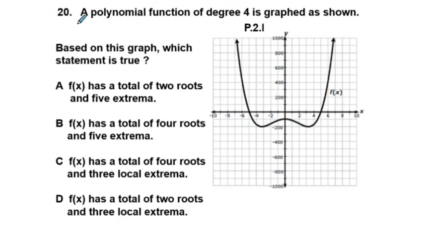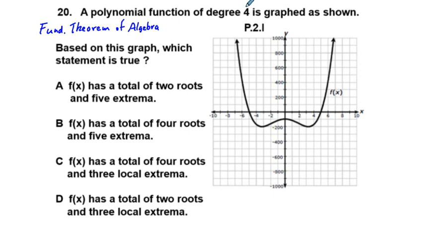Next, we have problem 20. This one here, problem 20, has to do with the fundamental theorem of algebra. And what that is is that the number of zeros, real and non-real, is equal to the degree of a polynomial function.